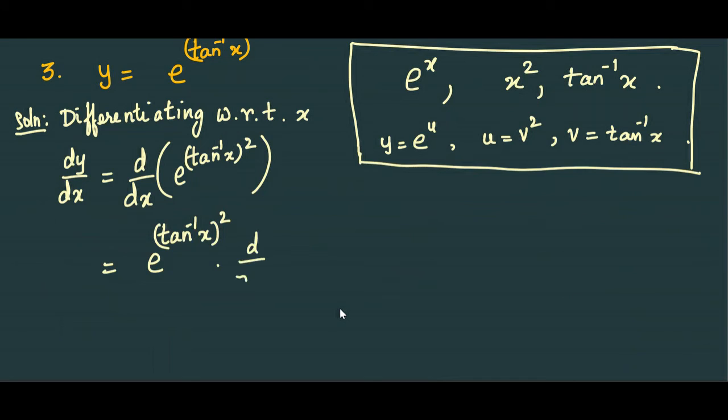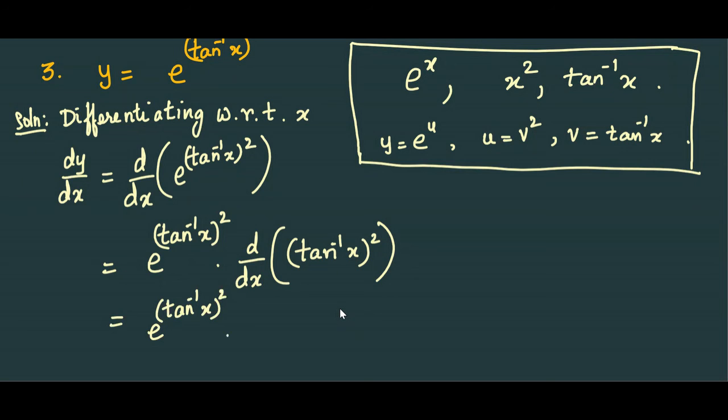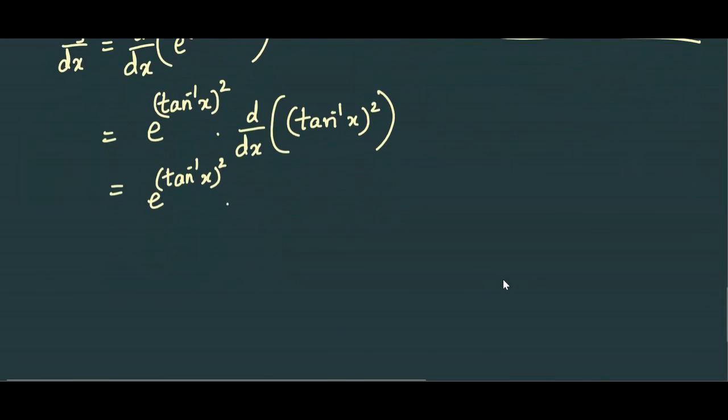Then we multiply with the derivative of (tan inverse x) the whole square. So you get e power (tan inverse x) the whole square into 2 tan inverse x, because now this is x square form, so it will be 2x into the derivative of tan inverse x.